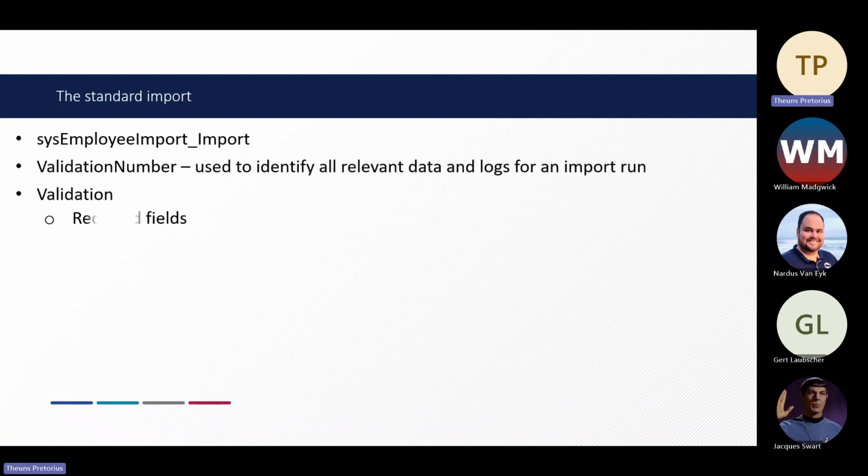So validation, I'm just going to share the most important validation required fields. You should be able to import an employee with only an employee number. That is the only required field.